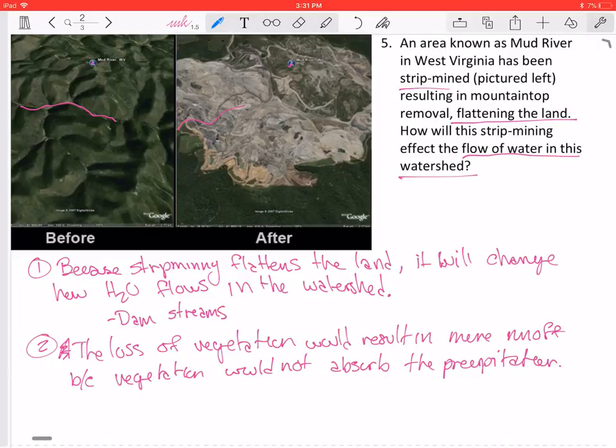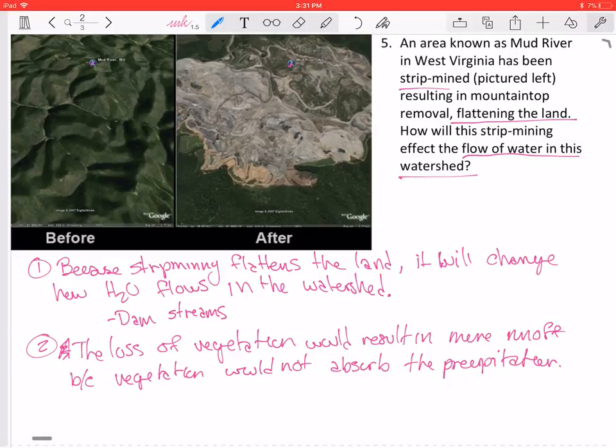All right, so that second one, you could have talked about how this would affect the runoff, okay, because it's going to increase.